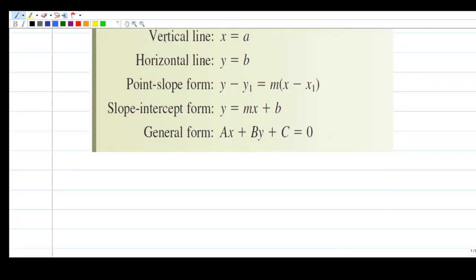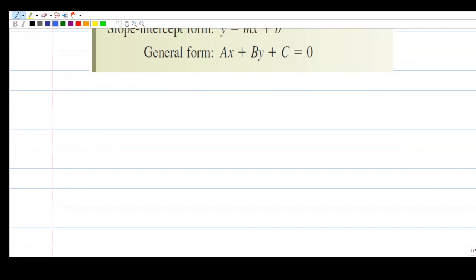Now, to summarize, the straight lines, right?